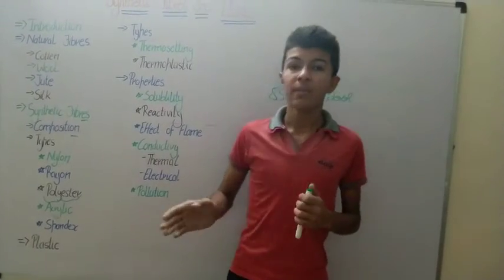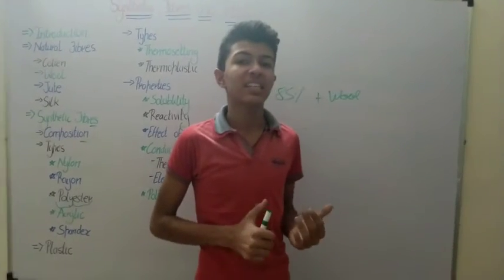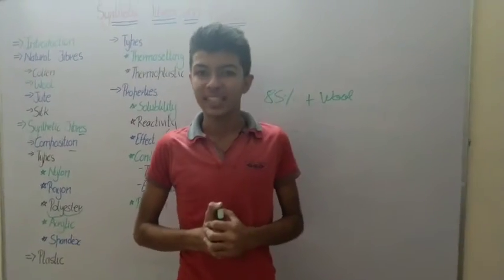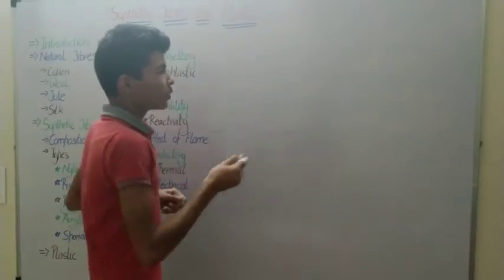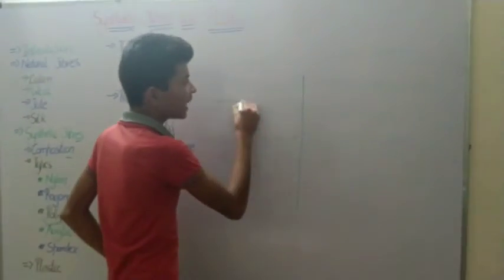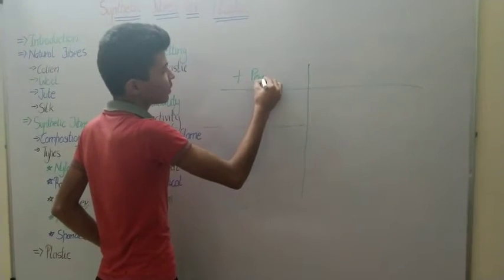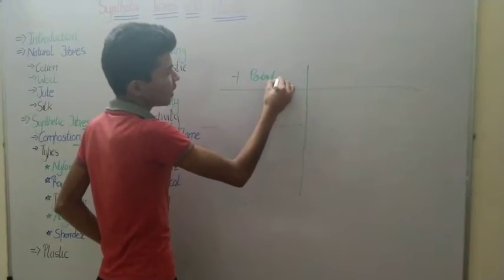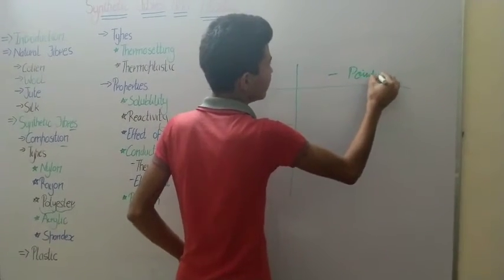So we have seen the synthetic fibers, but they have some advantages and disadvantages. So let's see it. Here we are writing the plus points, that is advantages, and here we have the minus points, that is disadvantages.